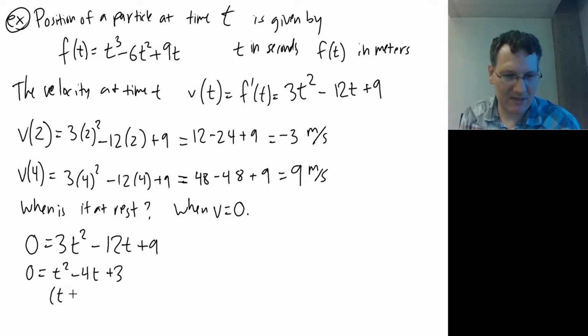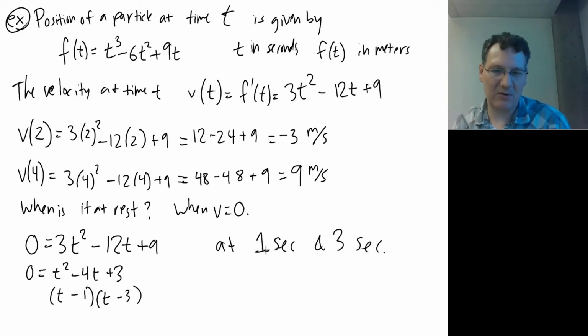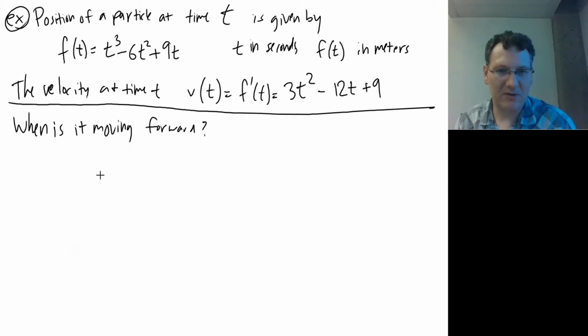That factors out to be t minus 1 and t minus 3. So it's at 1 second and at 3 seconds. Those are the 2 times at which this particle is completely at rest. If you want to know when this particle is moving forward, that's when the velocity is greater than 0.